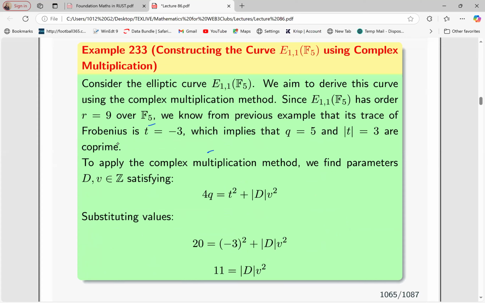The condition was that the discriminant is supposed to be less than 0, so it's supposed to be negative. The other condition was that the discriminant should be congruent to 0 mod 4, or congruent to negative 4 mod 4.